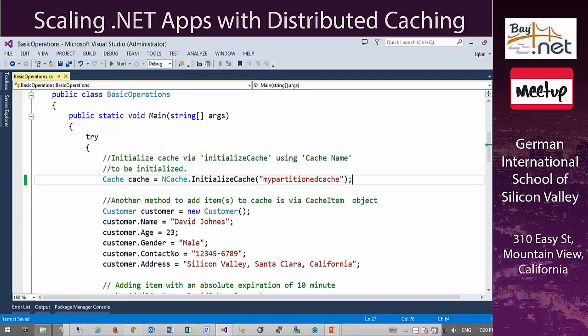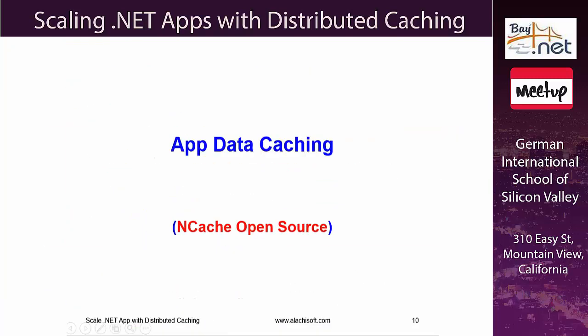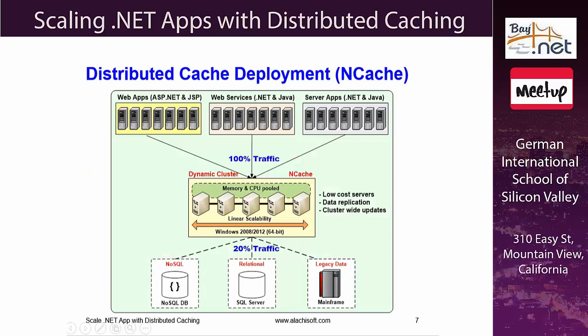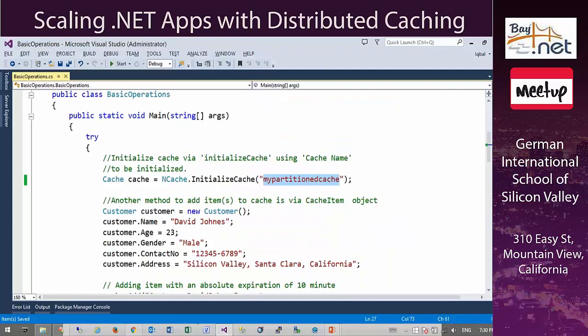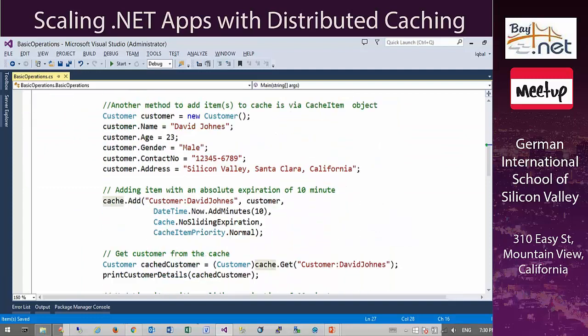So all caches are named in case of NCache. It's like a database, and on the same set of servers you can have multiple caches created. Now that you've got a cache handle, you build your object, and then you do cache.add. cache.add has the key, the value, and for example, it is specifying absolute expiration.